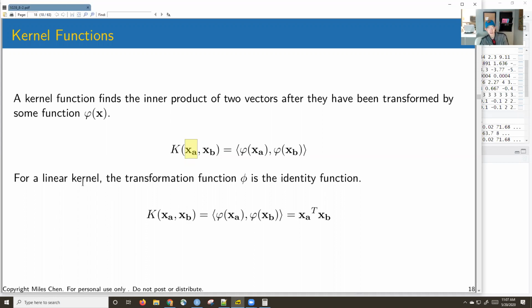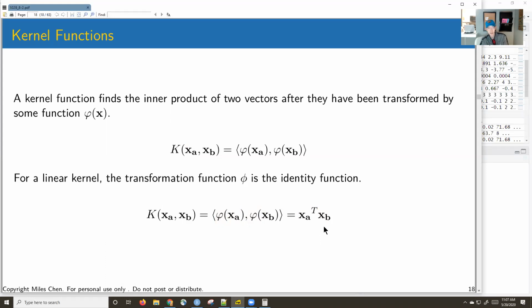If you have the linear kernel, then phi is the identity function, and the inner product of phi of xa and phi of xb is just the inner product of xa and xb, that is, xa transpose xb, or xa dotted with xb.